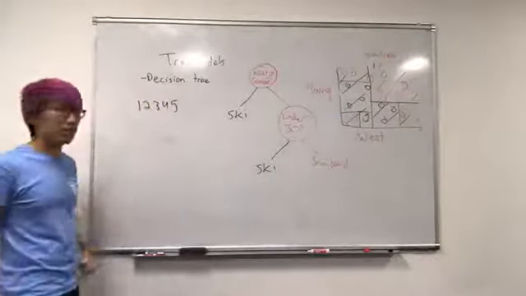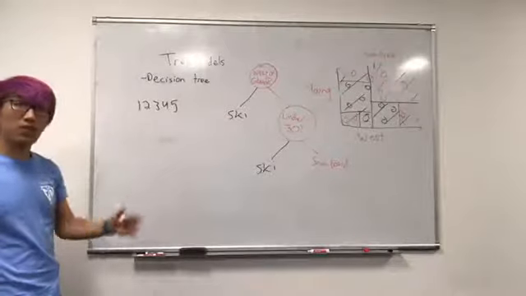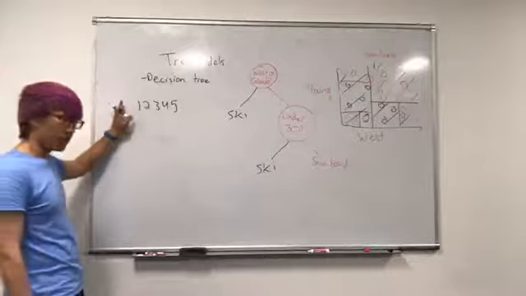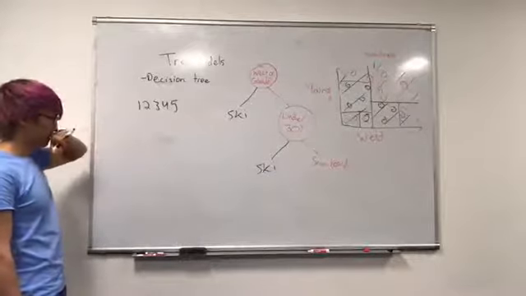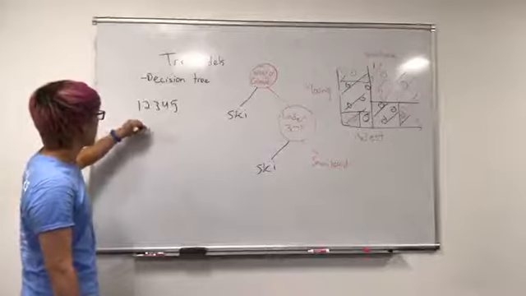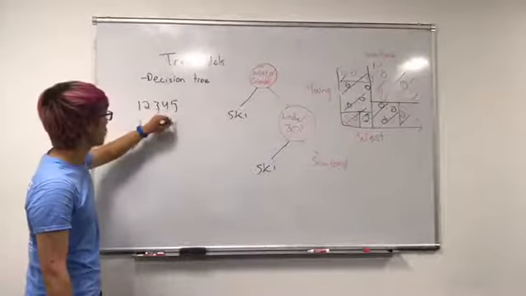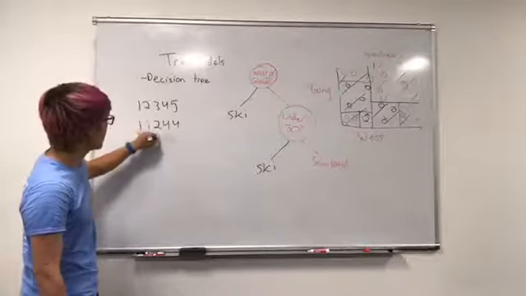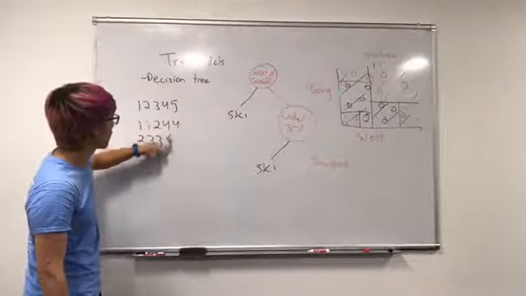If I wanted to do bootstrap aggregation, I would sample with replacement from this data set to make more equal sized data sets. So let's say I sample a new data set and it's 1, 2, 2, 4, 4. Or I maybe get 2, 3, 3, 5, 4, or something.